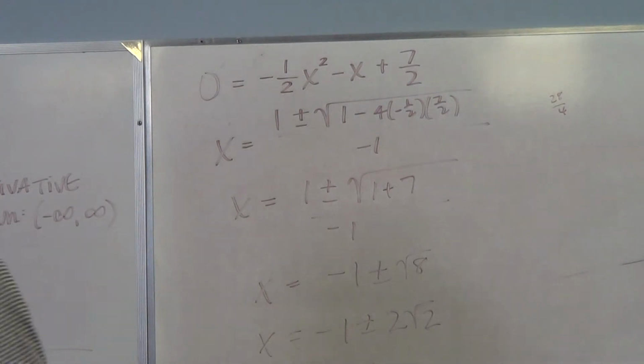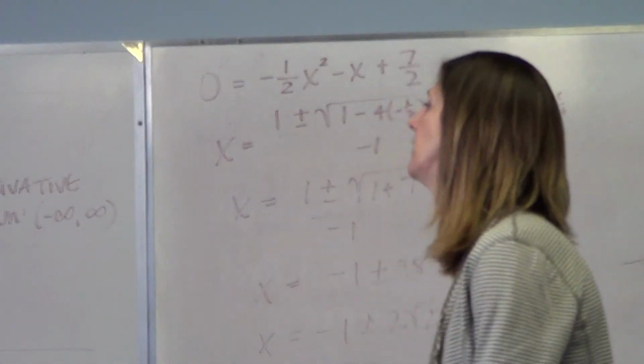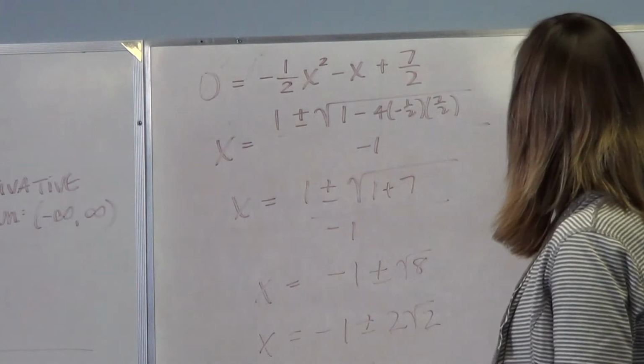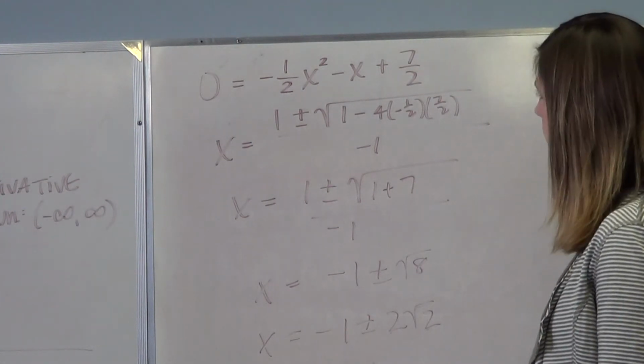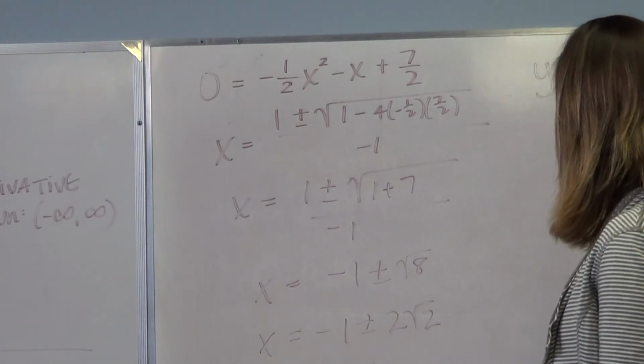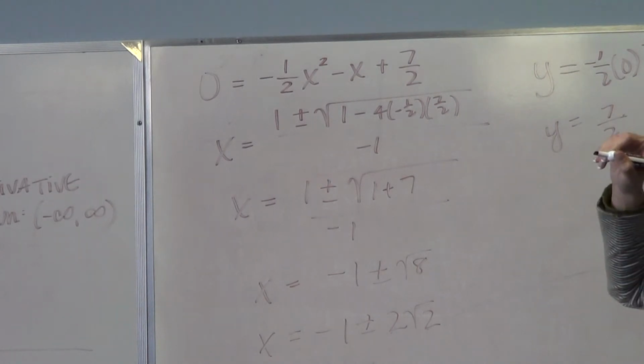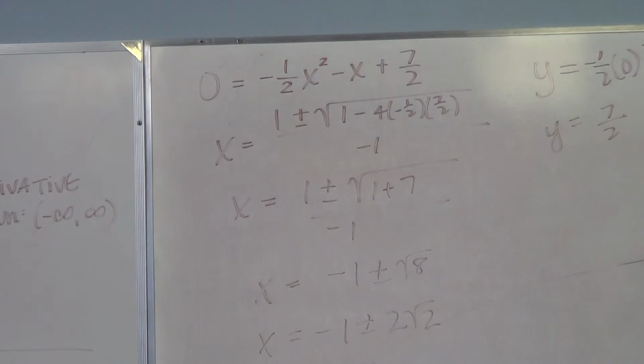The y-intercept would be where x is 0, so the y-intercept would be what? That one's easy. 3.5? Yep, 7/2. You just put 0 in for x to find the y-intercept.